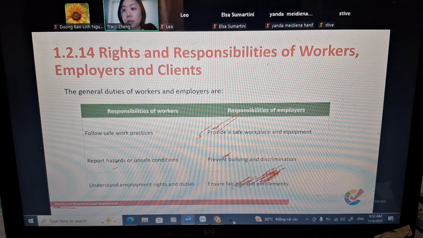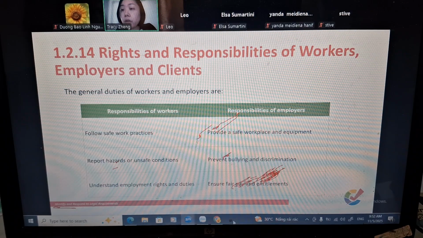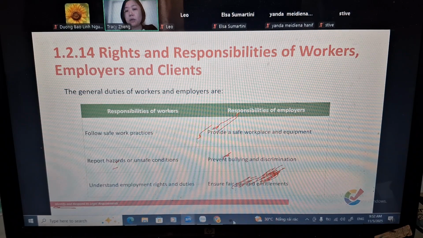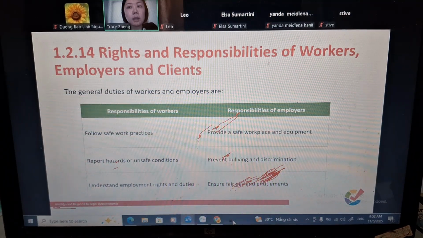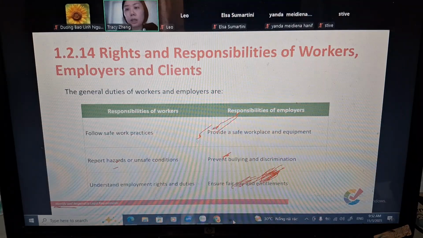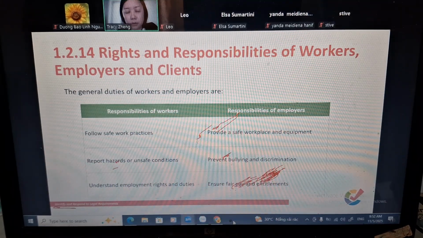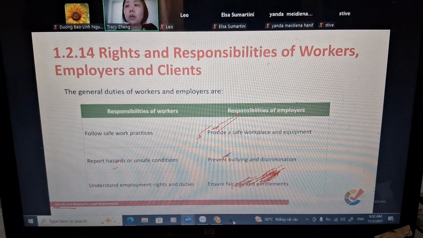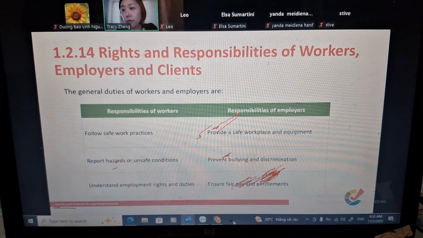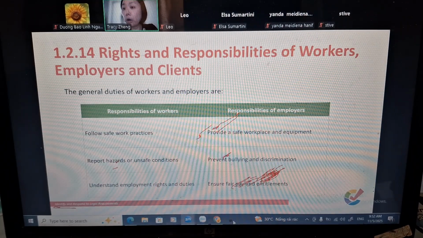No, that is the employer's responsibility, right? So if you want your staff to perform certain tasks, you must provide the relevant equipment to our client and to the staff, and also they need to make sure the workplace is safe to work for our staff.